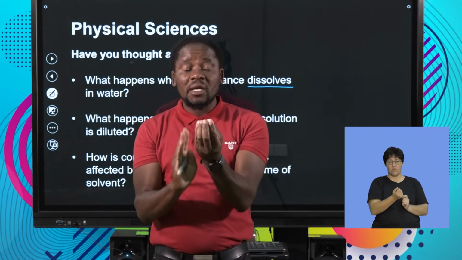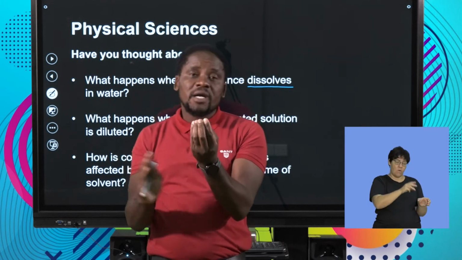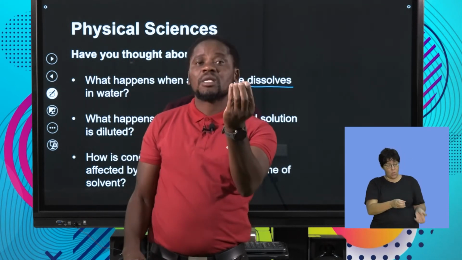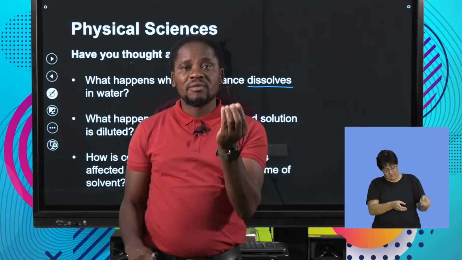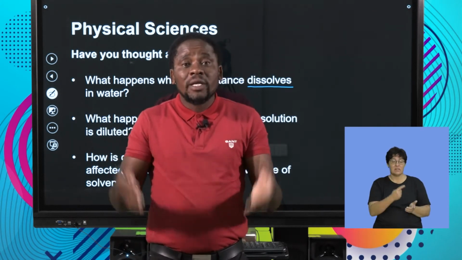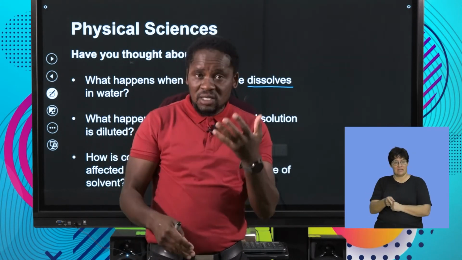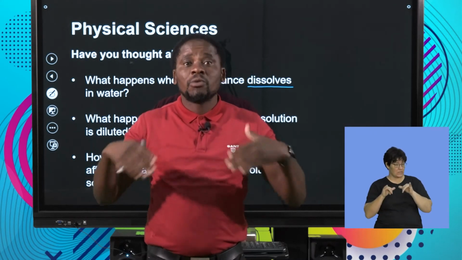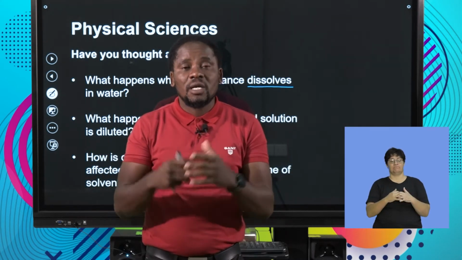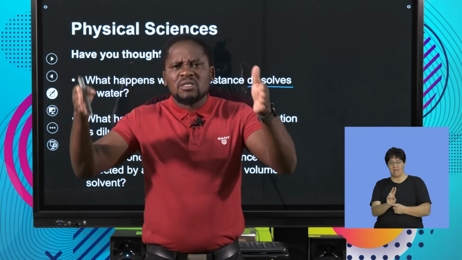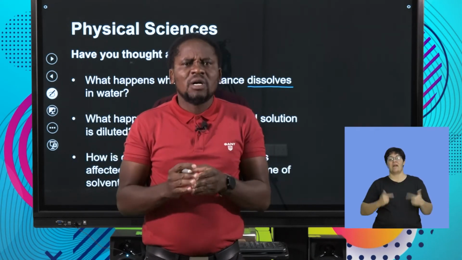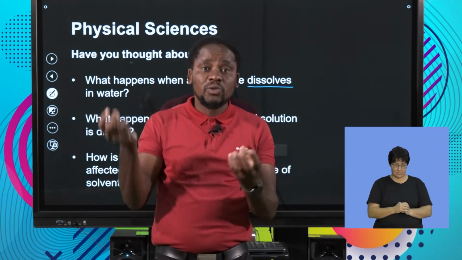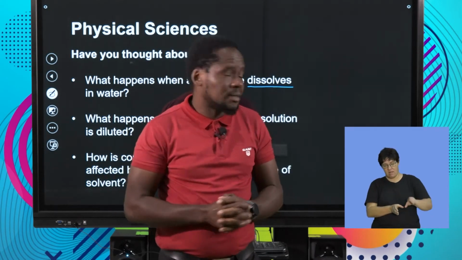So when we dilute, what exactly are we doing? We are adding more solvent, and we ask ourselves, what happens to the concentration? Does it increase, decrease, or remain the same? We shall establish that as we carry out a simulation that resembles the real life scenario of diluting a concentrated substance.